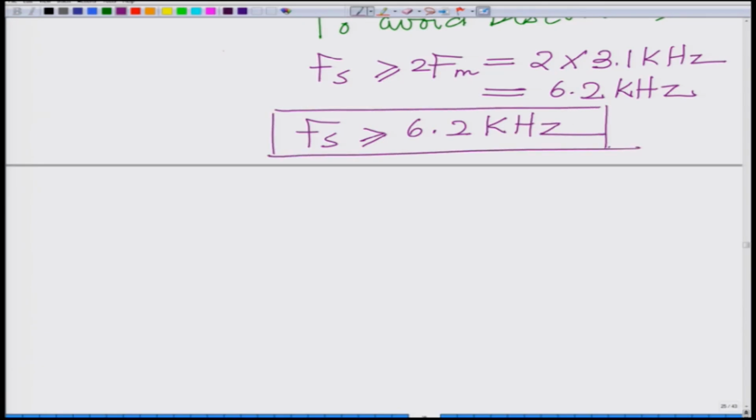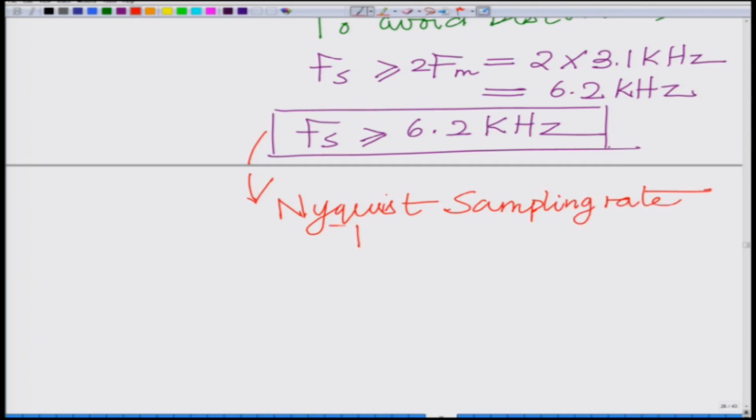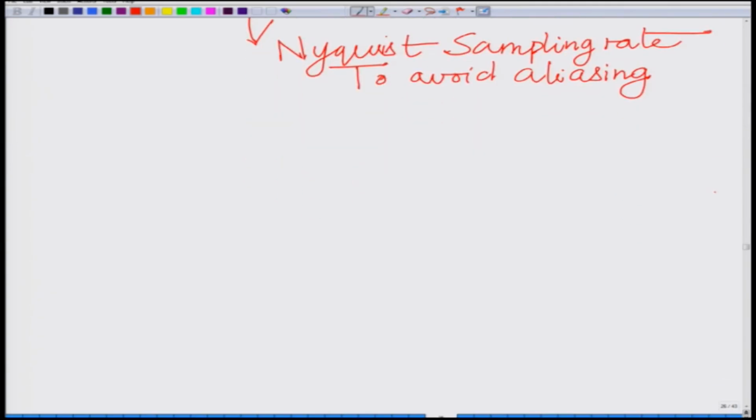This is the Nyquist sampling rate, the minimum required sampling rate to avoid aliasing. Okay. Now, this is quantized with a mu law quantizer. However, even though 6.2 kilohertz is sufficient, it is typically sampled at 8 kilohertz.